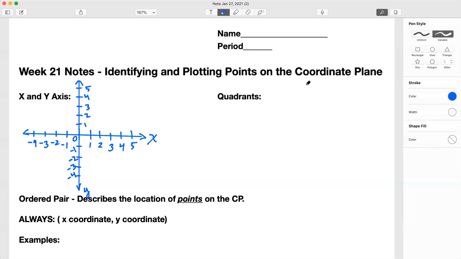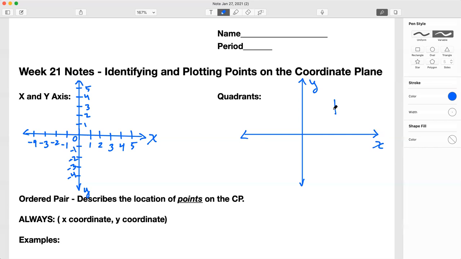Now, with the x and y axis, which we usually label with an X, a fancy little X right there, and then a Y, we have what are known as quadrants or sections of this thing. Okay, and they are numbered. There are 4, right? There's 1, 2, 3, 4.